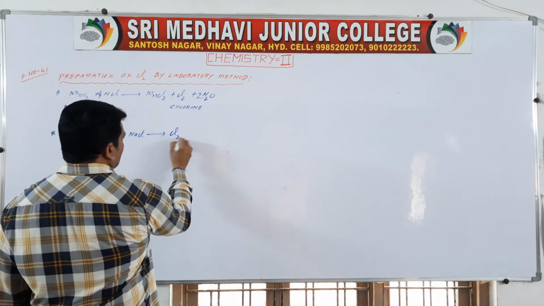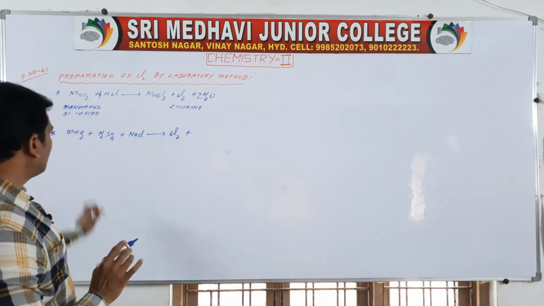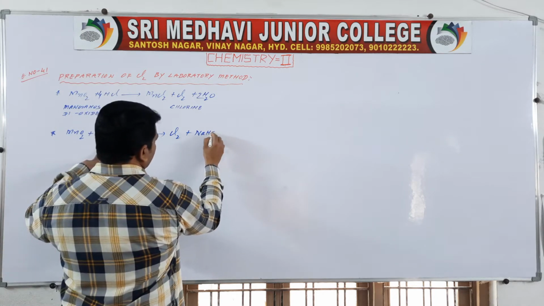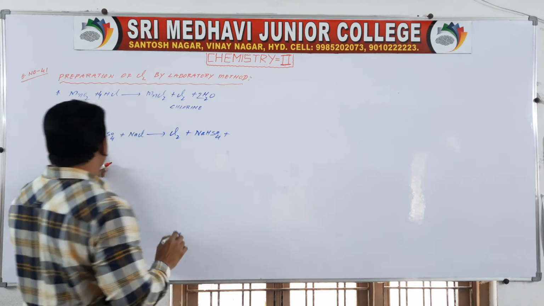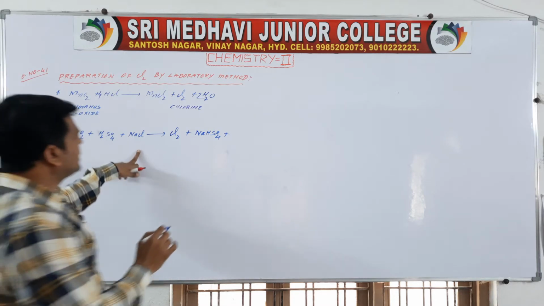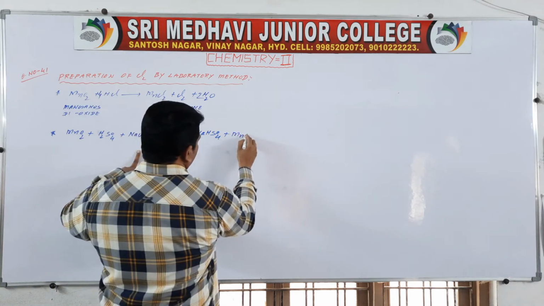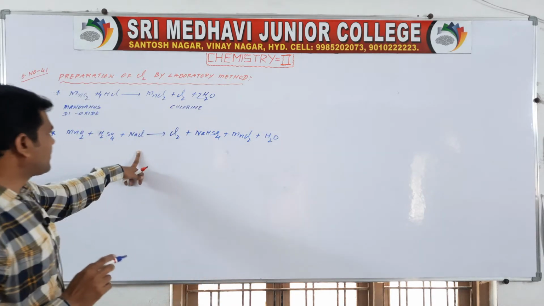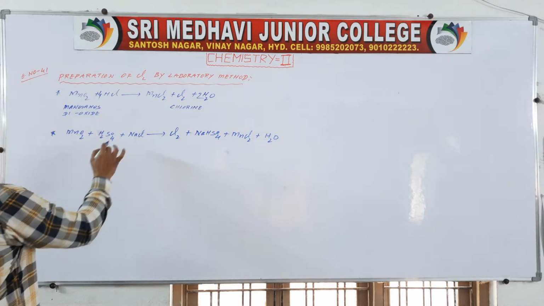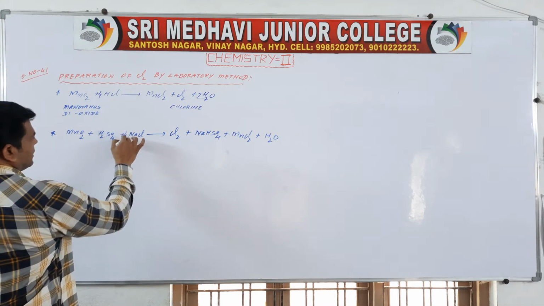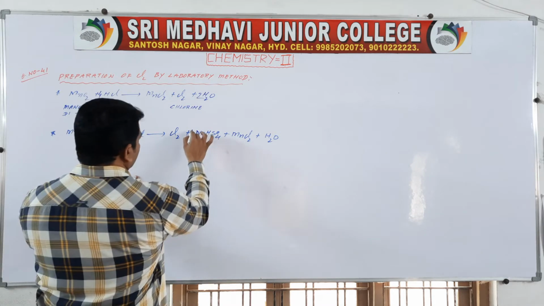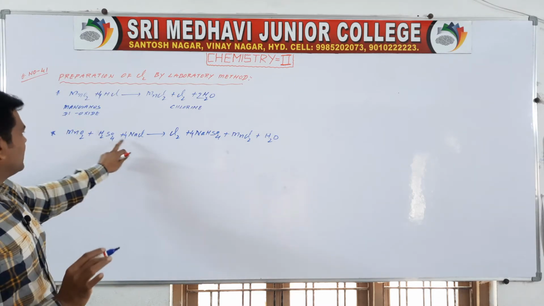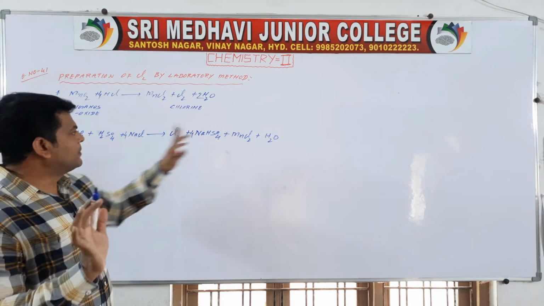So here first your chlorine gas is evolved, then NaHSO4 plus next MnCl2 plus H2O is formed. So if you take 4 NaCl, then if you take 4 NaHSO4, 4 Na balanced, 4 Cl, Cl2, Cl2 balanced.